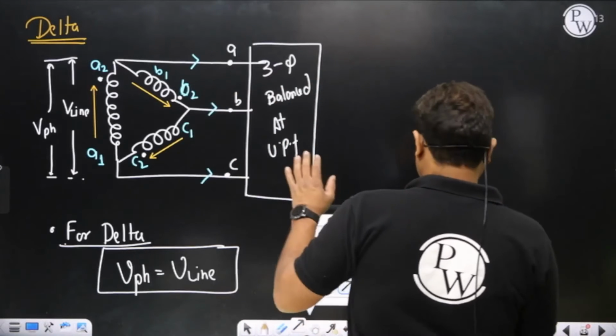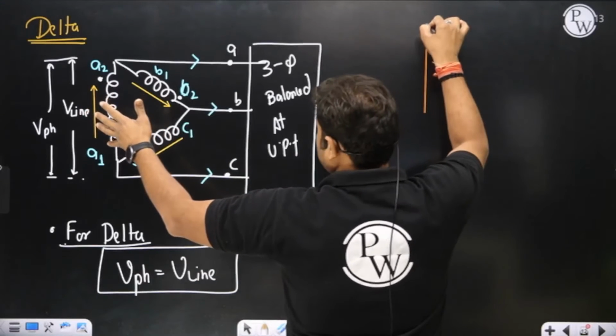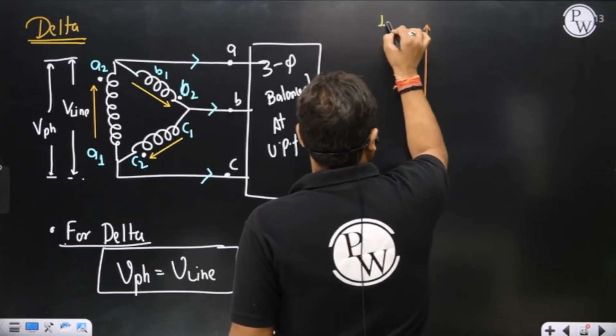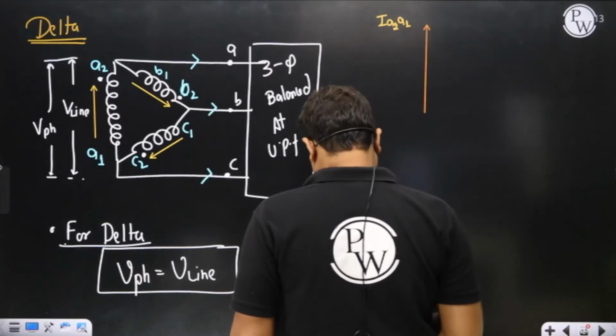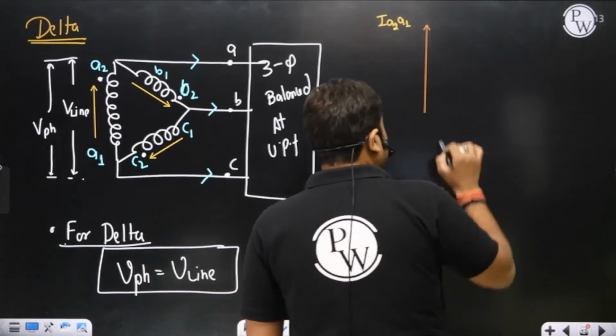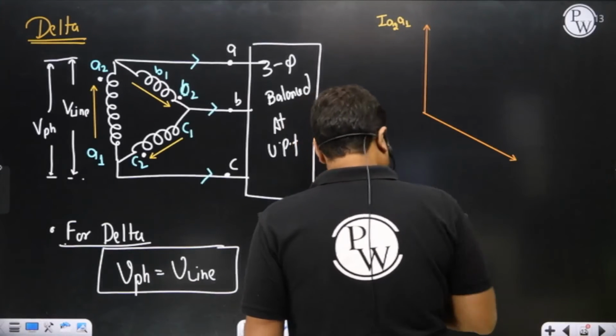But what about current? Sir, for a unity power factor, let us take this IA as a reference. So this IA I am representing here is the current flowing in winding A2A1, as a reference. Then after 120 degrees, when B phase voltage will be maximum, the B phase current IB2B1 will be maximum.